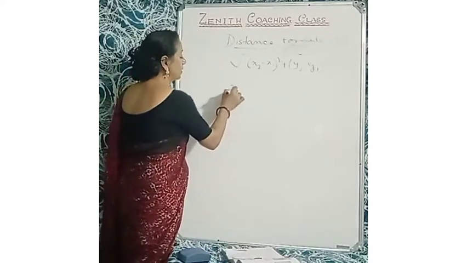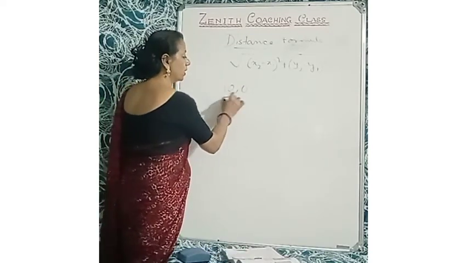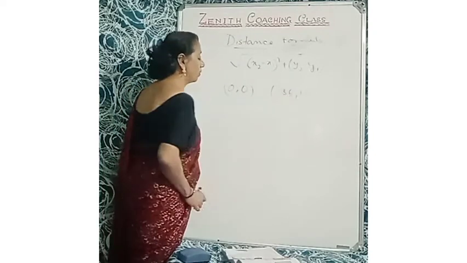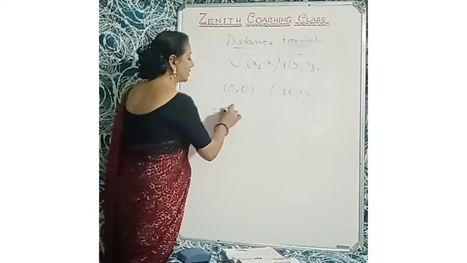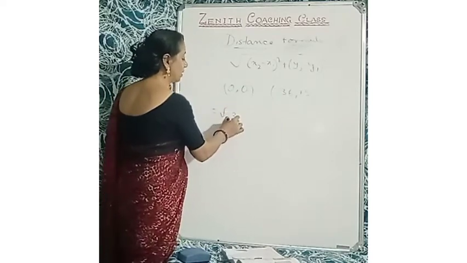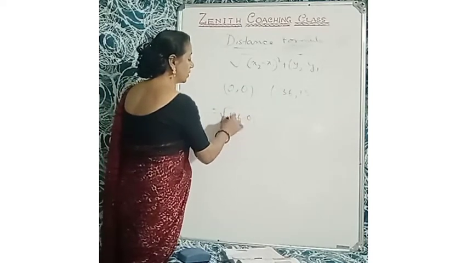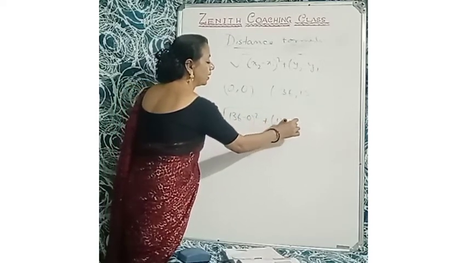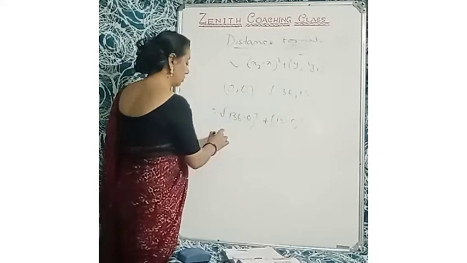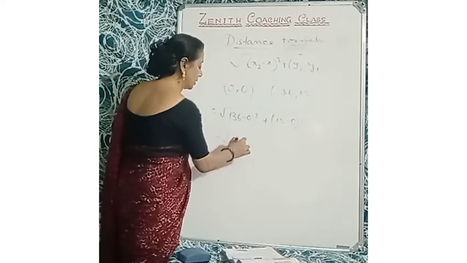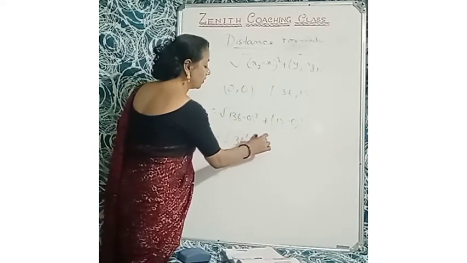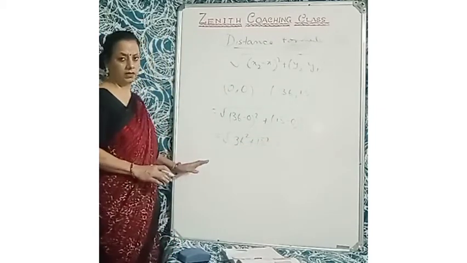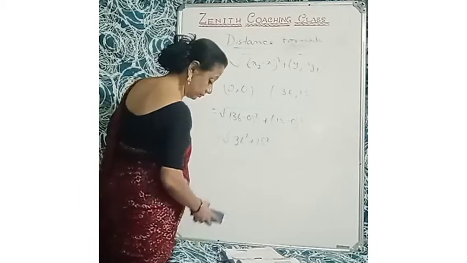Okay, let's think 0, 0, it's the origin, and 36, 15. So what's the distance? The distance is 36 minus 0 square plus 15 minus 0 square. So it is 36 square plus 15 square. Okay, whatever it may be, it's the answer.